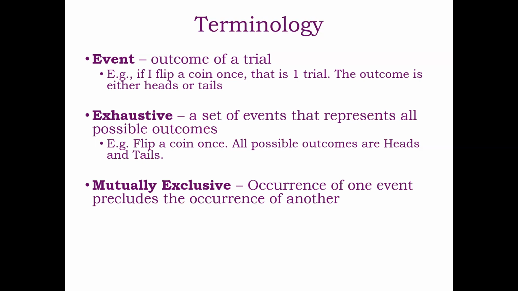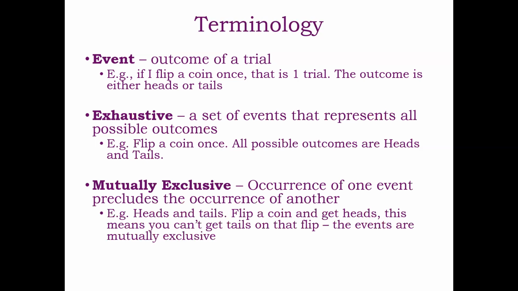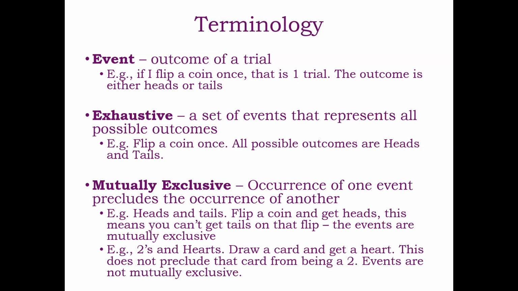So the occurrence of one event precludes the occurrence of another. For example, if you flip a coin and you get heads, you cannot possibly get tails. The events are mutually exclusive. If I roll a die and get 6, I cannot get 1, 2, 3, 4, 5 because they are mutually exclusive, right? One side comes up.